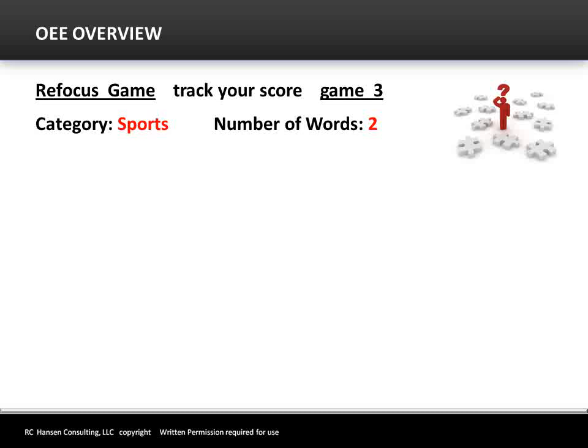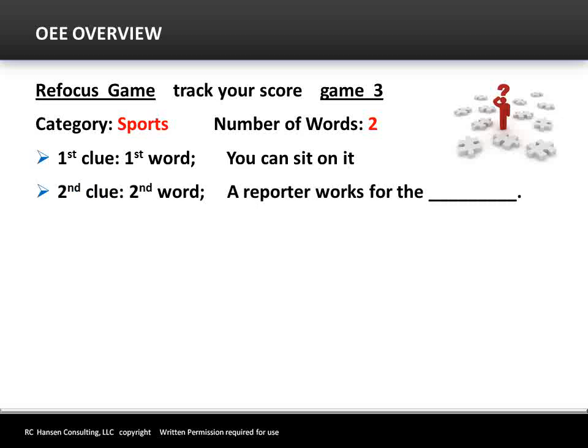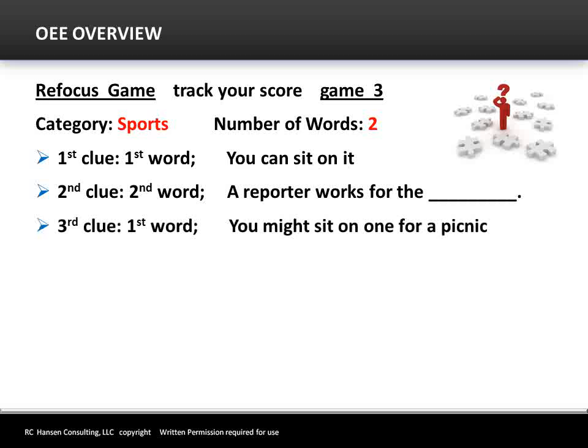Time for refocus, game number 3. Category is sports. Number of words is 2. Get ready to go. First clue, first word. You can sit on it. Second clue, second word. A reporter works for the blank. Third clue, first word.